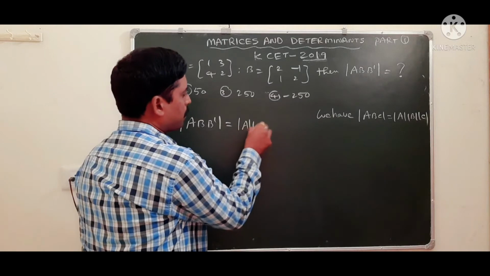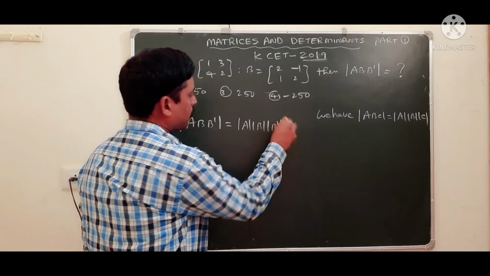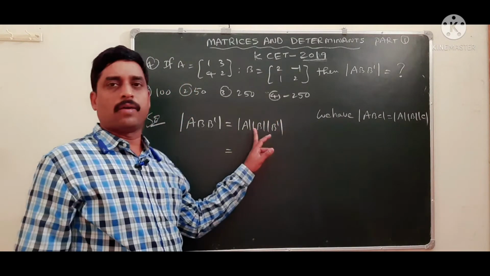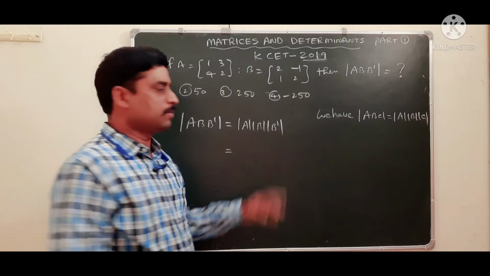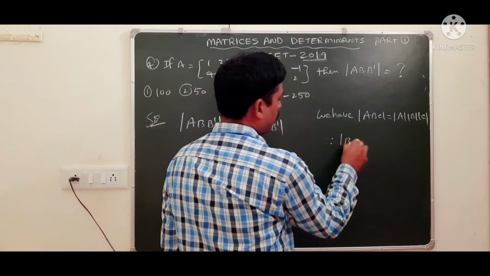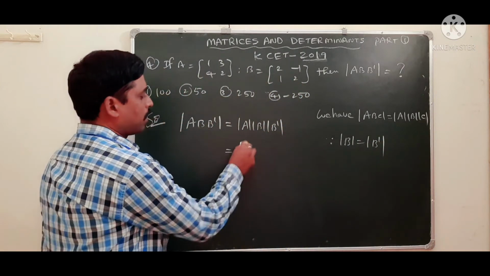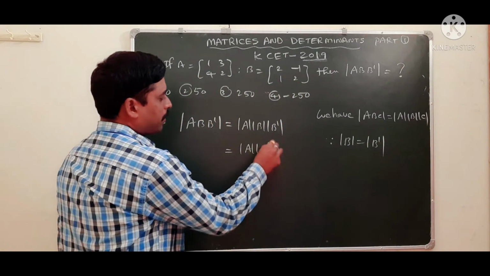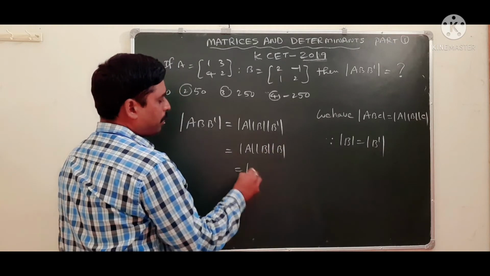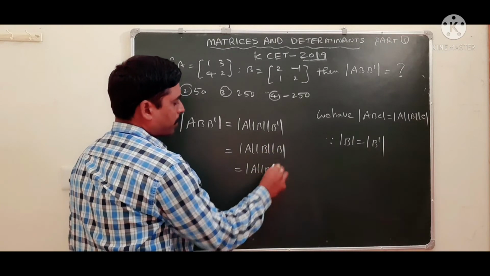The determinant of B dash and det B are equal. So this is det A into det B into det B, which is det A into det B whole square.